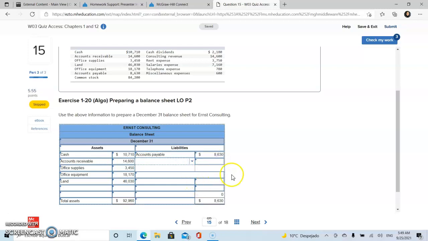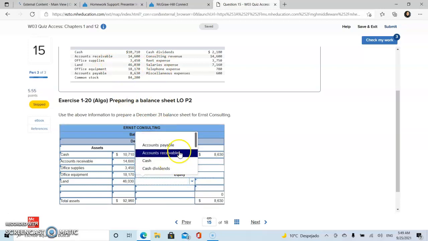And then we're gonna go ahead with our equity. Equity is mostly what the owners claim on assets. In other words, it is the part of the business that belongs to the owners, any money that they put into the business. So in this case, we have common stocks. We're gonna go ahead and start with that one.